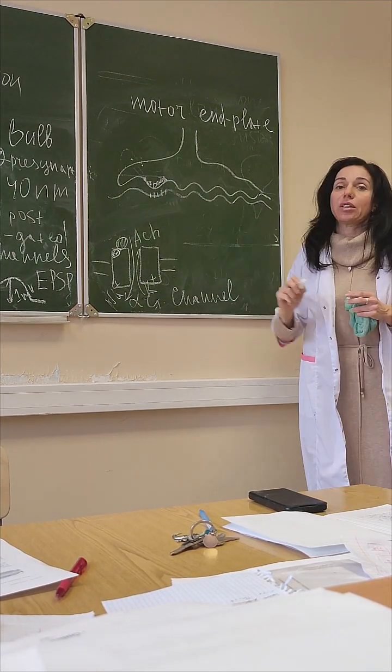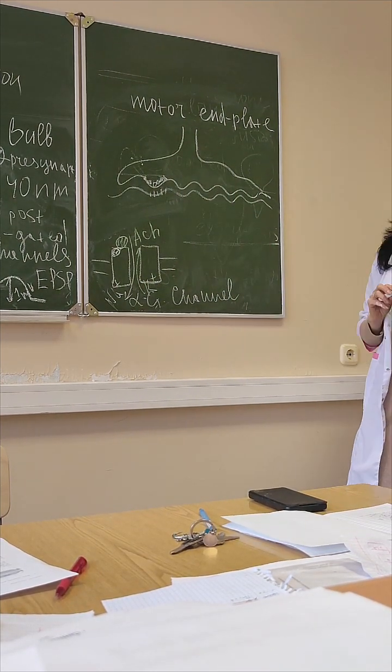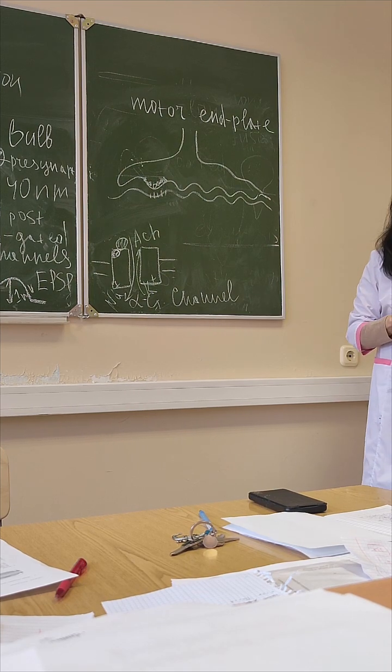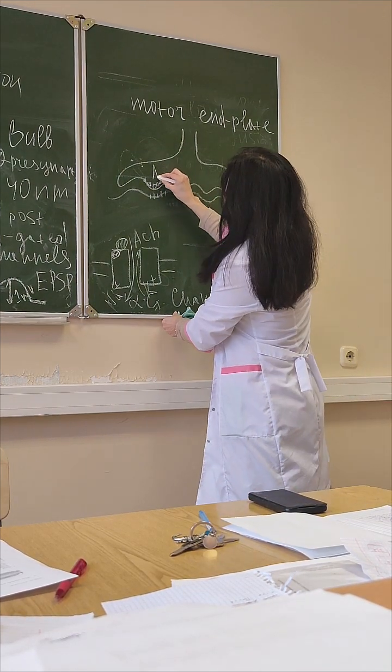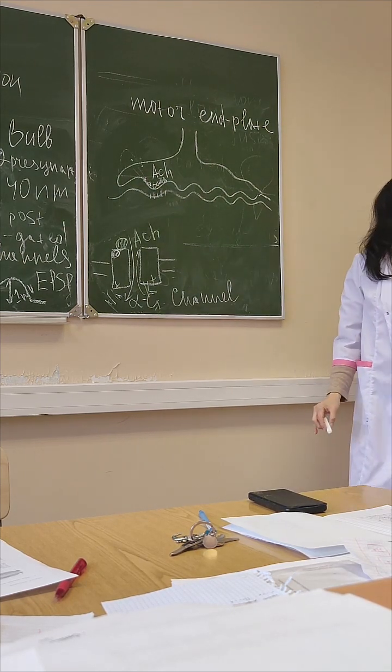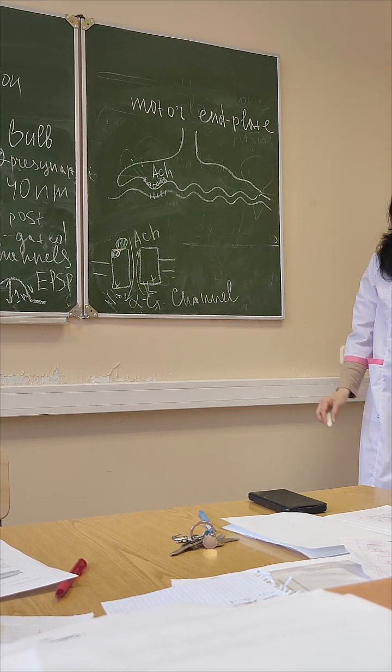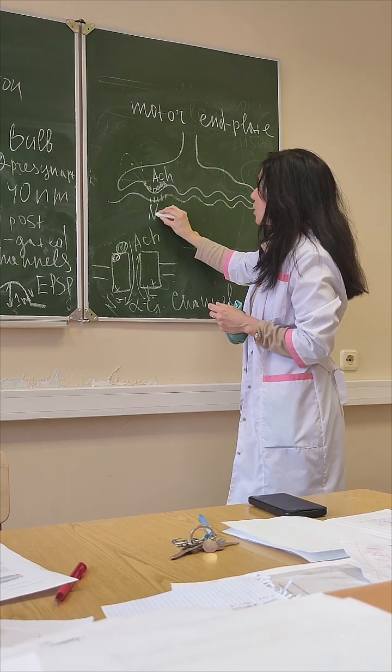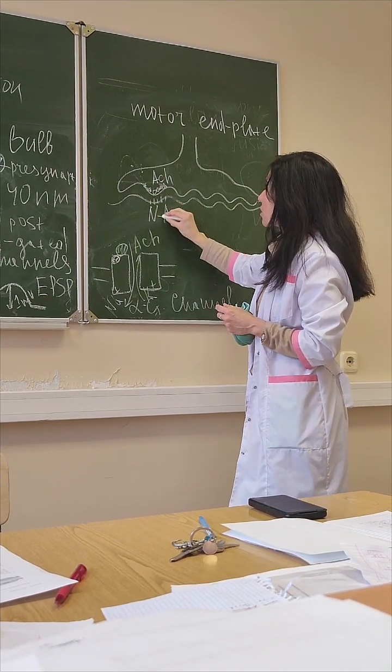What is the neurotransmitter at the motor plate? Acetylcholine. What is the receptor type? Nicotinic cholinergic receptors.